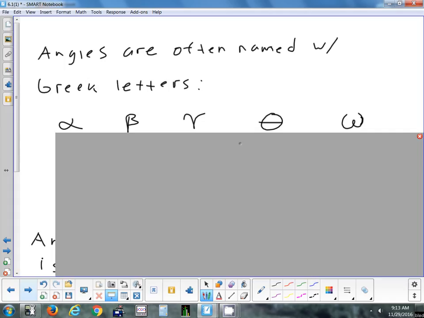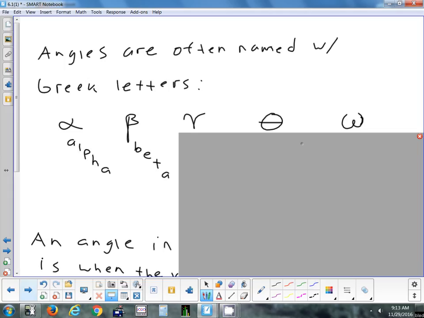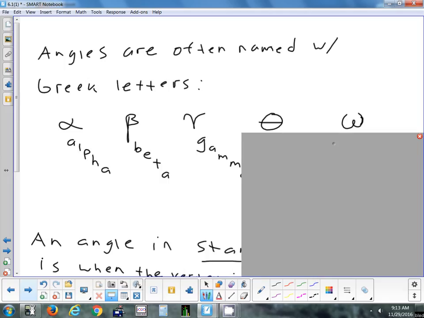Alpha. Yeah, that's alpha. And the second one is beta. How about that one? It looks kind of like a Y. Yeah, that's gamma. And then the circle with the line through the middle. Omega is the last one.